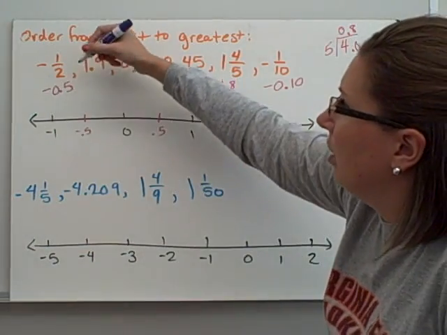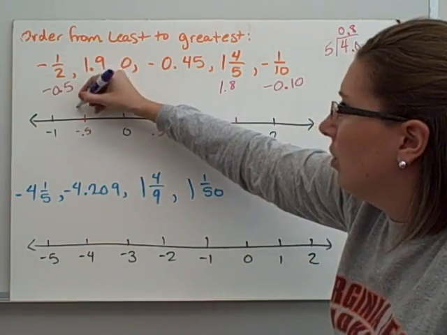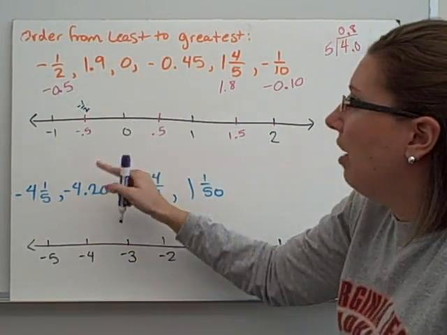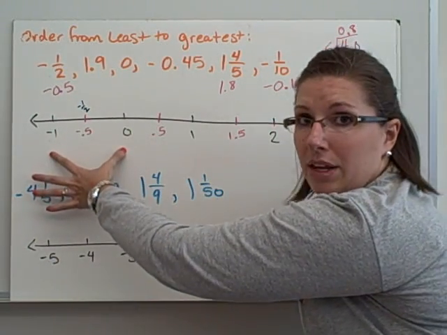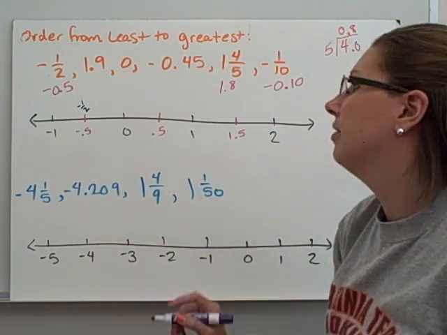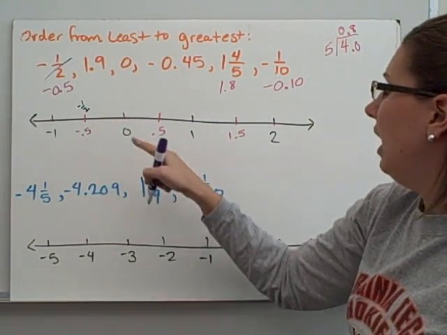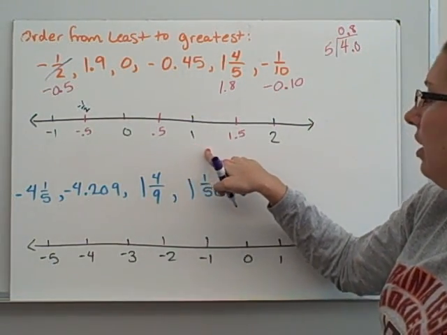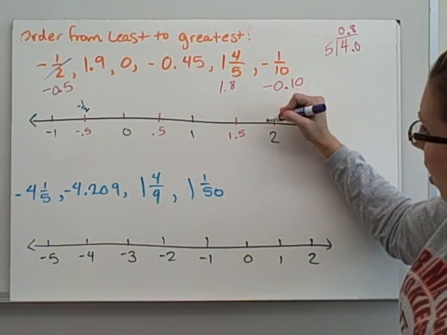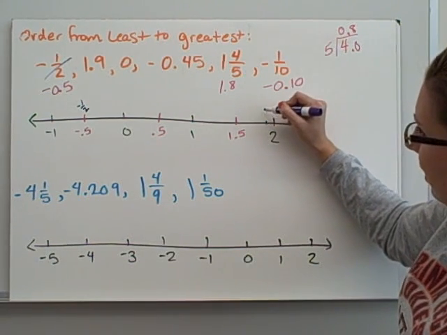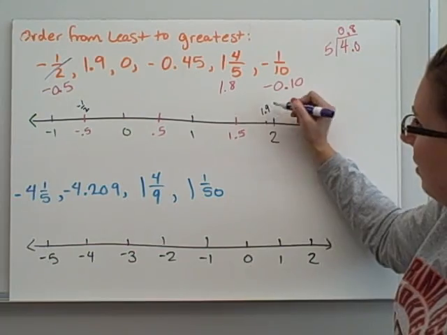So let's start with this one right here, -1/2, which is right here, halfway between 0 and -1. Then 1.9, so I have to go past 1, and it's almost at 2, but not exactly. 1.9.